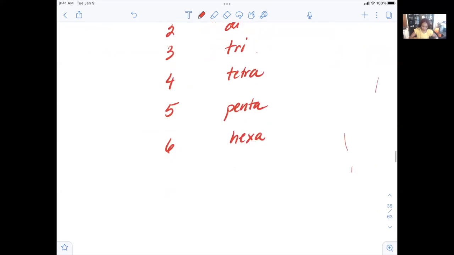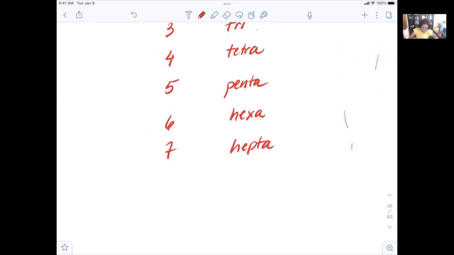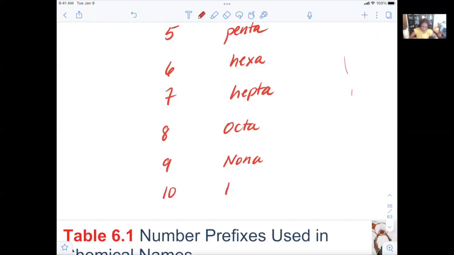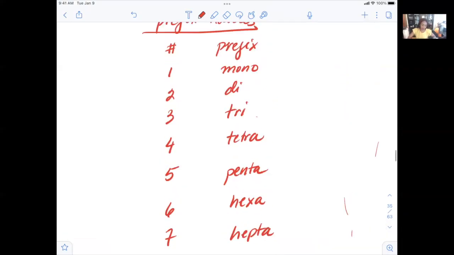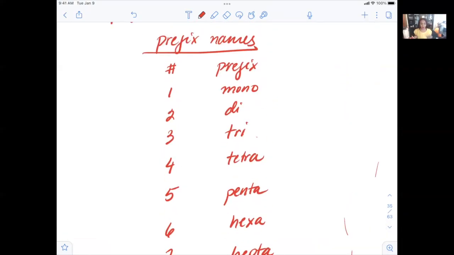Number 7, hepta. What about septa, like in September? No, it's hepta. Number 8, we use octa. Number 9, we use nona. And number 10, we use deca, as in decade is 10 years, right? These are the prefixes you use to describe the number of atoms of the elements in the whole compound.